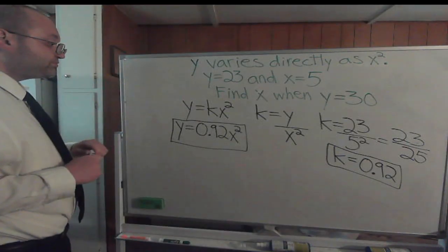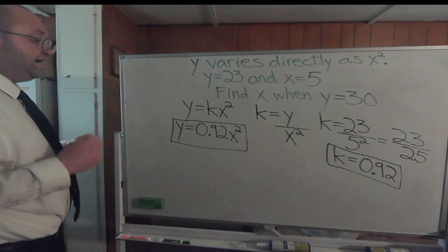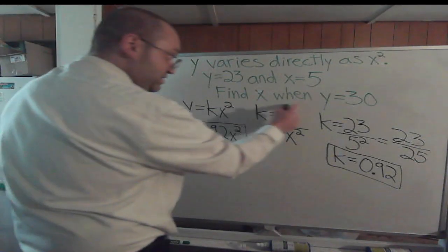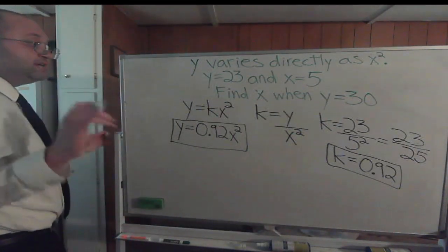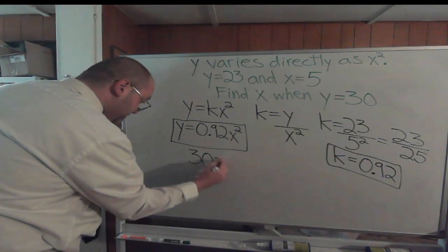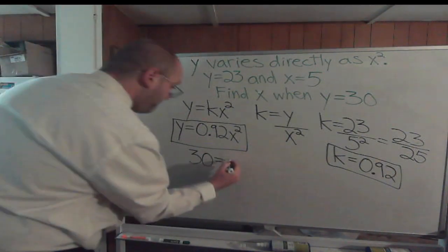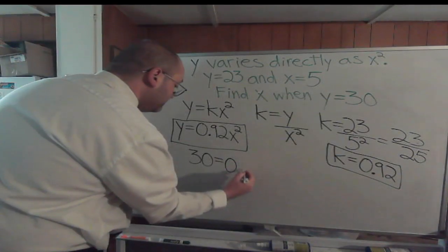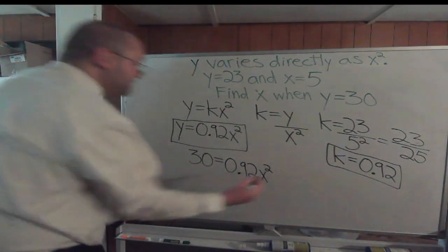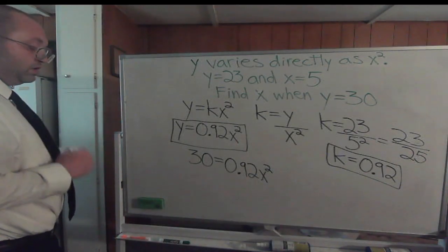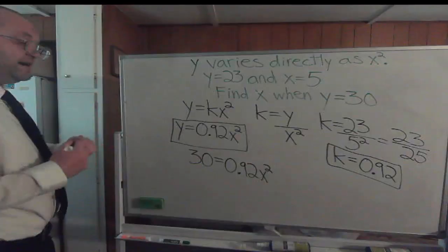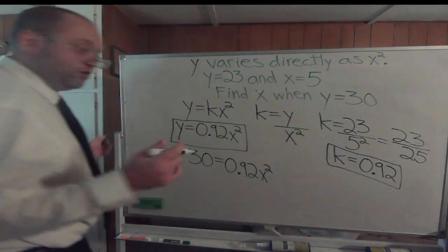Now, we are tasked with finding x when y equals 30. This time they give you the y value, which was 30. You'll set that equal to 0.92 times that x squared. We don't know x. Well, ultimately we want to get the x squared by itself, right? We got to divide both sides by 0.92.